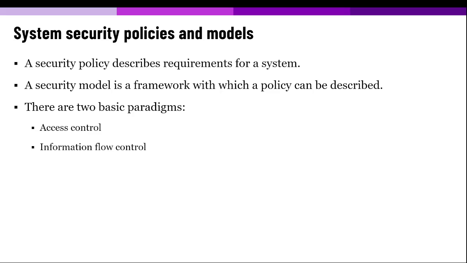Neither of these actually describes whether this person should be allowed in, but they are 2 ways of thinking about the problem that then cause you to make decisions. So a model or framework is intended to be a different way to think about the problem. And then the policy itself is more: this person should get in here, this person should do that. So it's more specific. There are 2 basic paradigms for these high-level concepts of how we do this. One of them is called access control, and the other one is called information flow control.